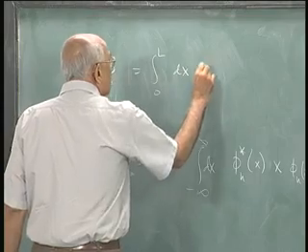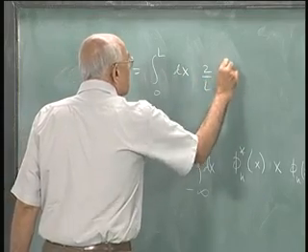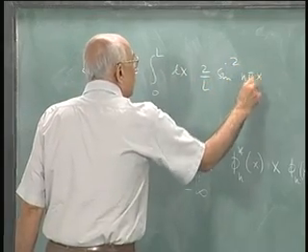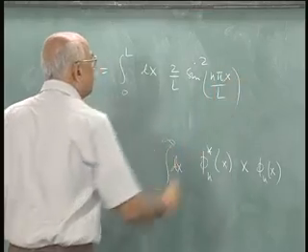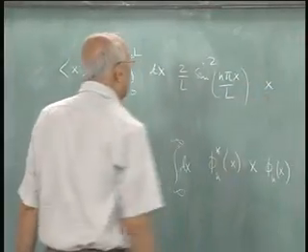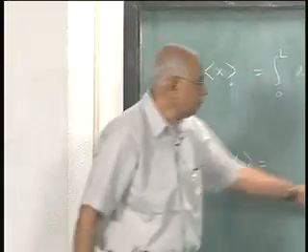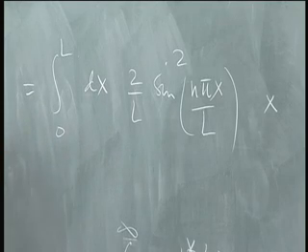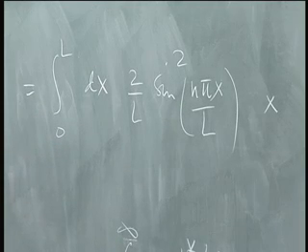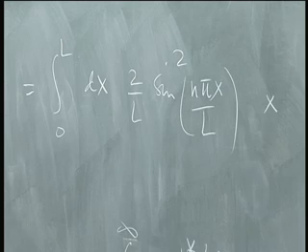So it is the integral dx of 2 over L sine squared n pi x over L, multiplied by x. It is a trivial integral to do, by parts or something like that.